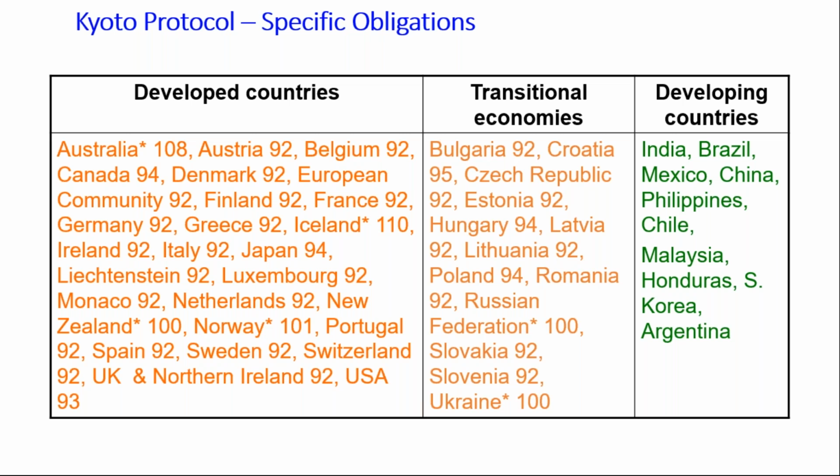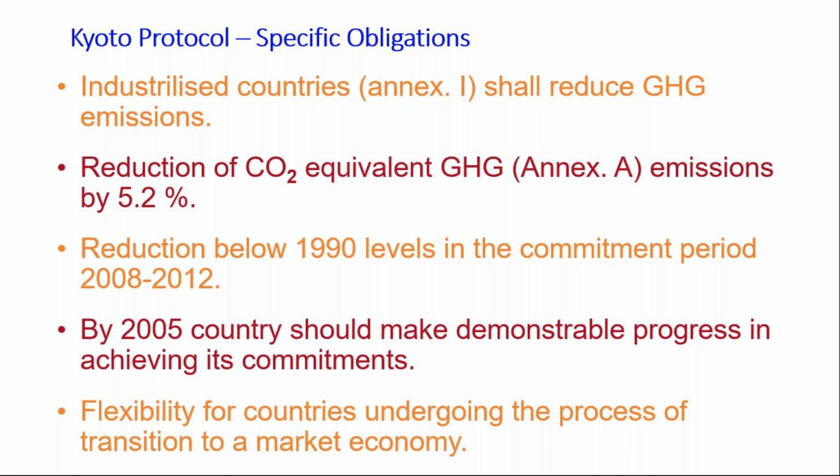Specific obligations are there, like Australia 108, Austria 92, and likewise, and developing countries like India, Brazil, Mexico, etc. The specific obligation is that industrialized countries shall reduce GHG emissions, a reduction of CO2 equivalent GHG emissions by 5.2% below 1990 levels in the commitment period of 2008 to 2012.